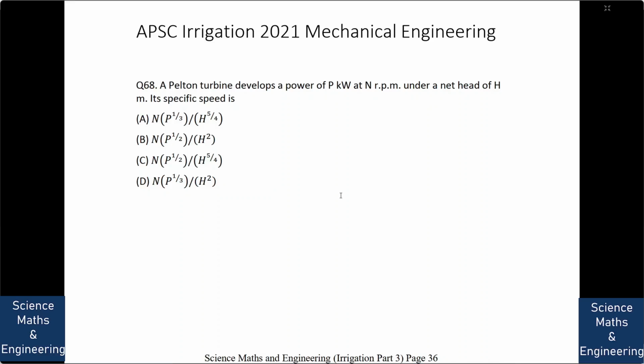A Pelton turbine develops a power of P kilowatt at N RPM under a net head of H meter.